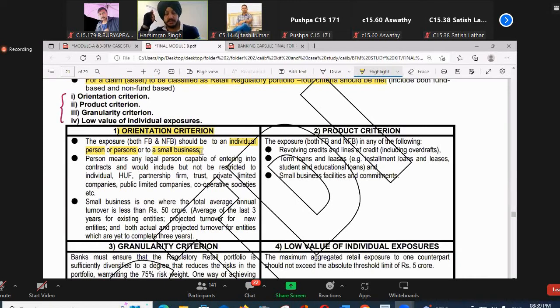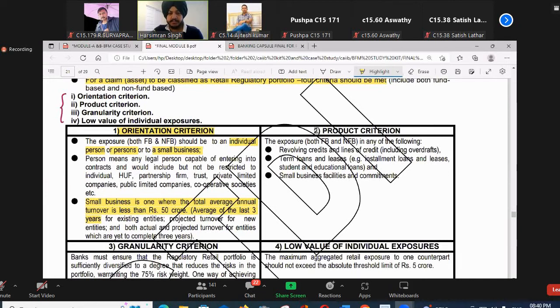This fund-based or non-fund-based exposure should be to a person or persons or small business. Now, what do you mean by a small business? This question is asked in this orientation criteria. Small business is one where the total average annual turnover is less than 50 crores, average of last 3 years. This is the first criteria.